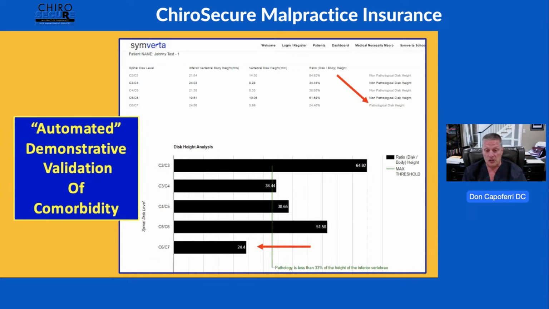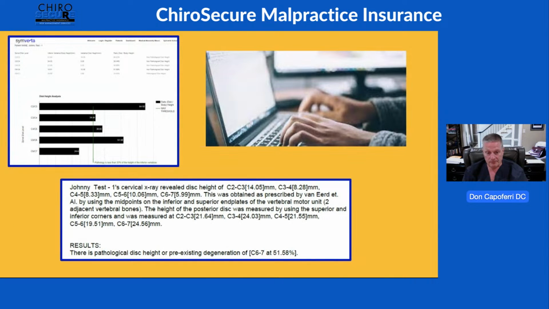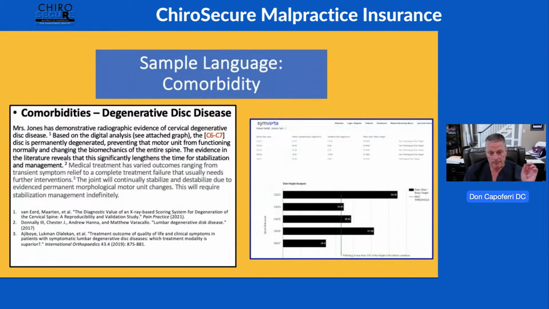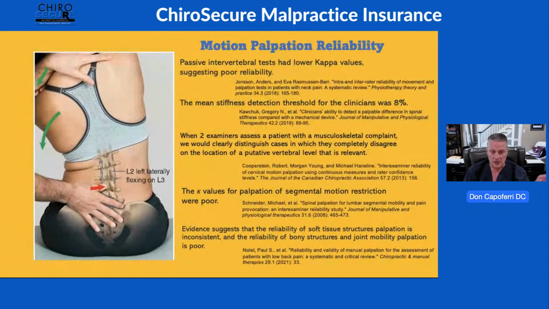Or you could just digitize the patient's x-rays and get this report, which shows at C6, C7, a disc with loss of disc height, which is a primary indicator of disc degeneration pathology. So that becomes now a comorbidity, and there are others. But this is objective documentation of degenerative disc disease, which can prolong your care.